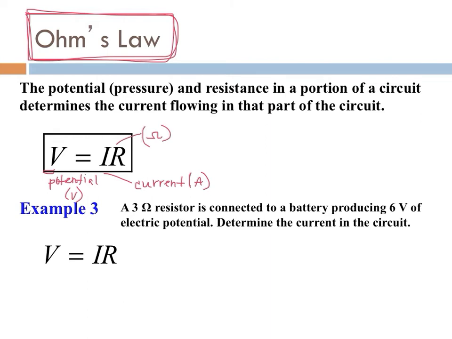So let's say we have a 3 ohm resistor and it's connected to a battery producing 6 volts. We see that ohm, so it's our R, our volts, so it's our V, and we're asked to determine the current. Well, that's simply V over R equals I, or 6 over 3 gives me 2 amps of current.